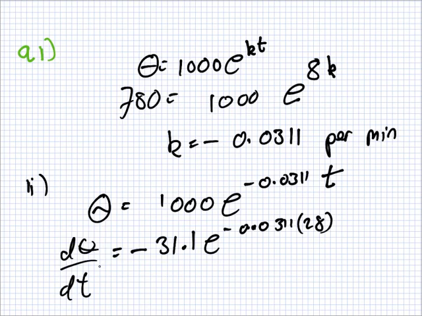E power minus 0.0311 times 28 times minus 31.1, and you get minus 13.012. So 13.0 units.